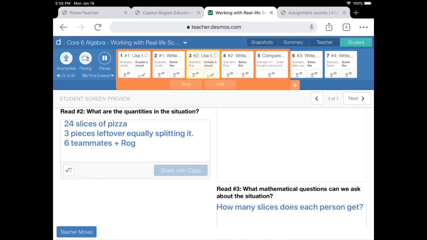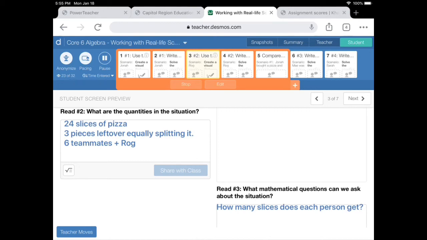A follow-up question, we could think of something like, if Raj doesn't eat any and just shares it with his teammates, how many would they each get? Or if Raj had two pizzas, would there be enough to split it equally, or something like that? So we can focus on this question, but you always want to try to be thinking of extension questions that you could ask as well.